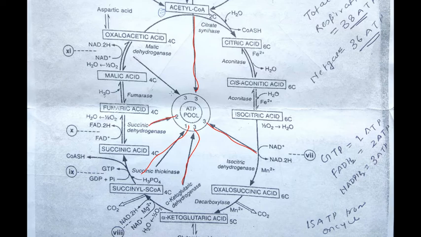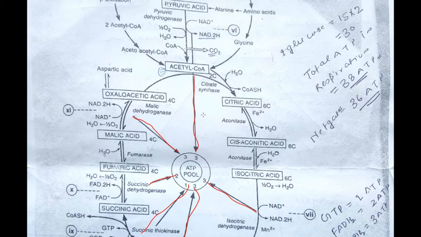And next is malic acid when converted into oxaloacetic acid, it also gives 3 ATP. So how many ATP are produced in this cycle? It's 15 ATP.